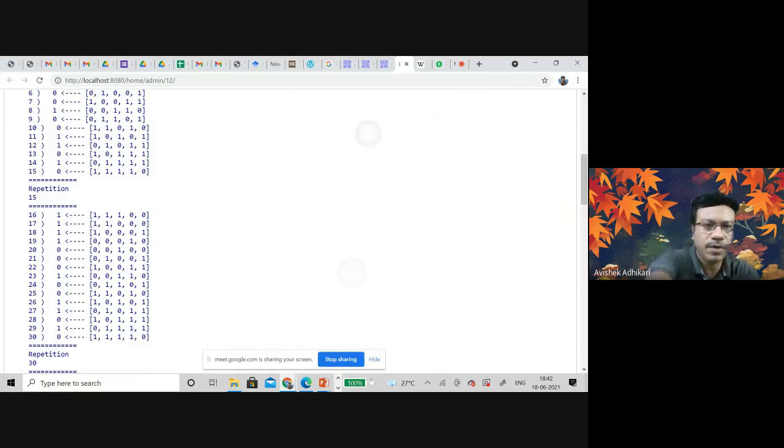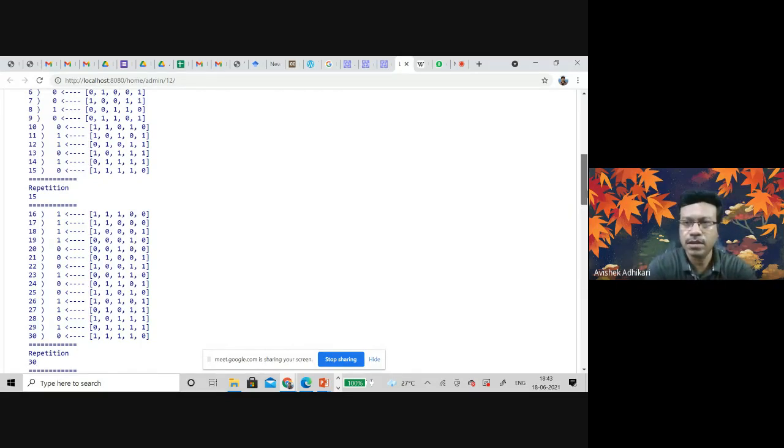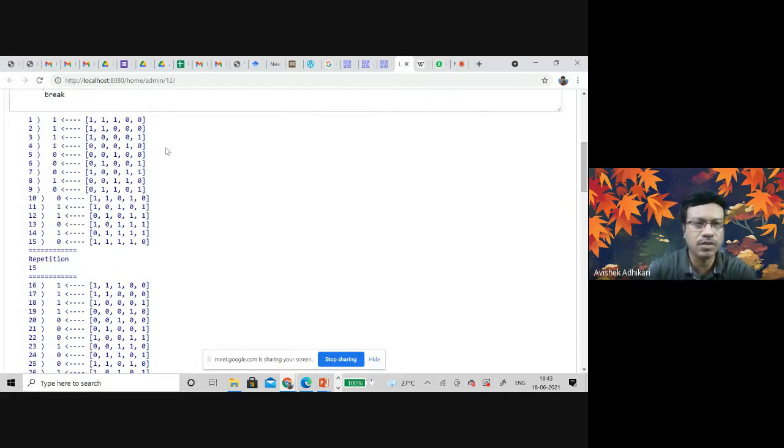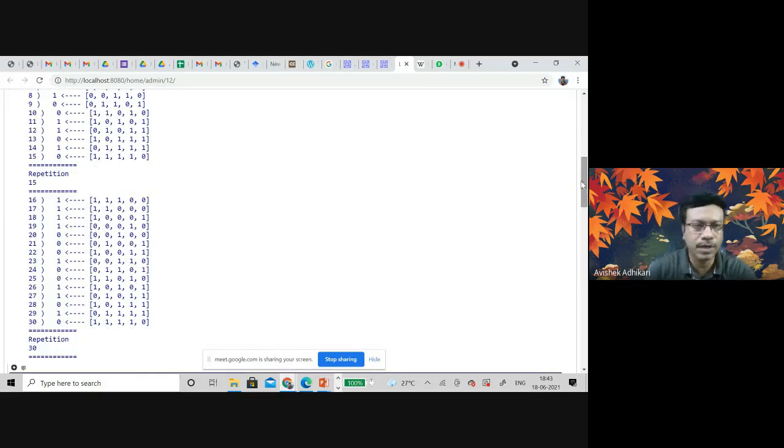Maybe if I reduce it a bit, you can see that it starts with 1, 1, 1, 1, 0, 0, 0. It will have the same pattern again, 1, 1, 1, 1, 0, 0, 0, because this state and this state are the same.